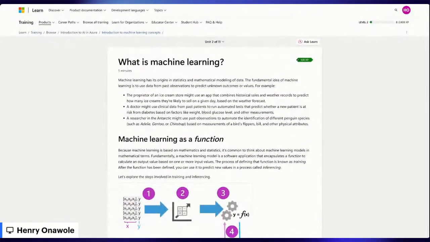What is machine learning? Machine learning has its origin in statistics and mathematical modeling of data. The fundamental data of machine learning is to use data from past observations to predict known outcome or value.